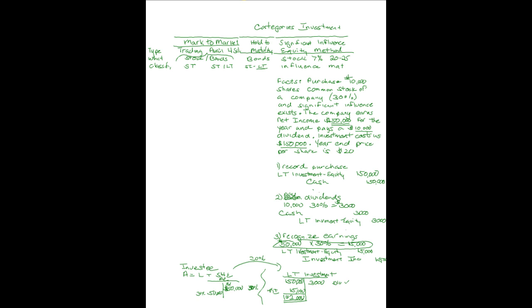Let's move forward. What would it look like on my income statement? Again, I'm the investor. What would my income statement look like? Let's assume 2013. I would have investment income from the equity method, probably called affiliated income, in the amount of 30%, or $15,000.